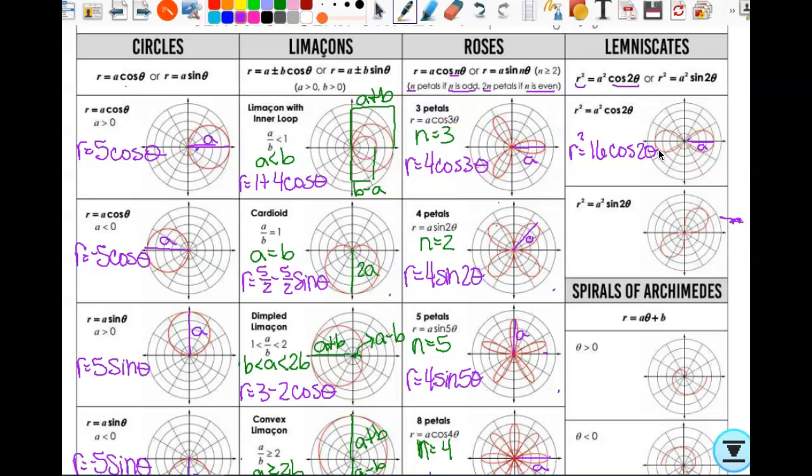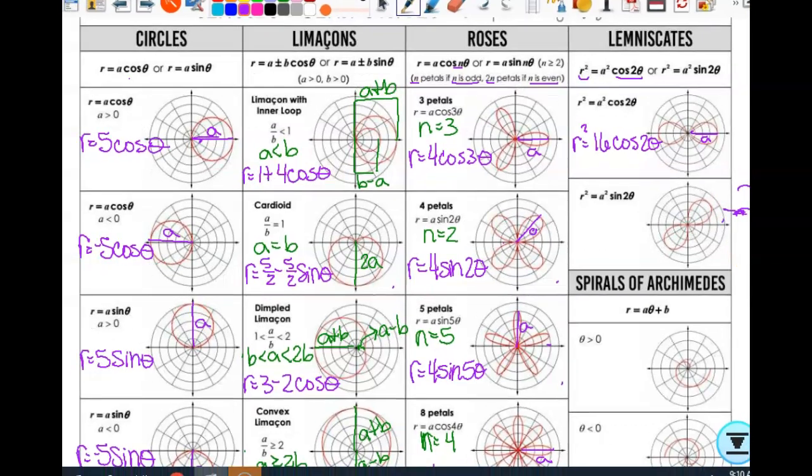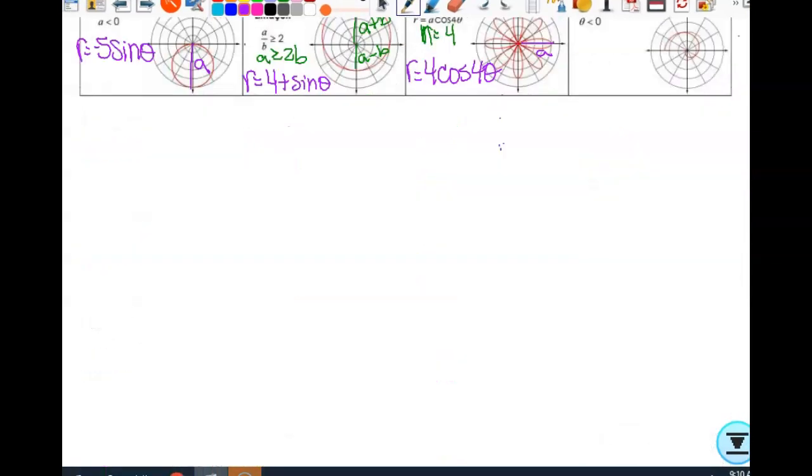So it's kind of like a 2-petaled rose, although the little petals are a little fatter and it's not a rose. And then again, if it's cosine, we're on the x-axis. If it's sine, we're not. We're rotated 45 degrees. Okay.